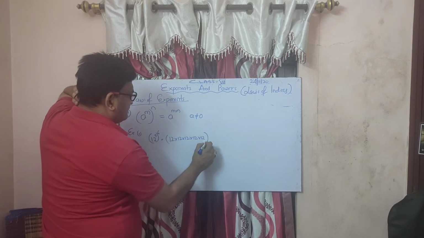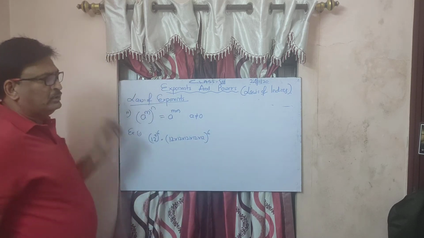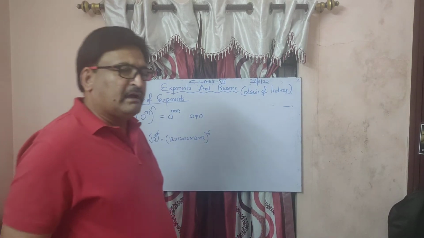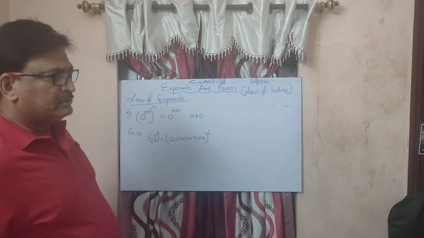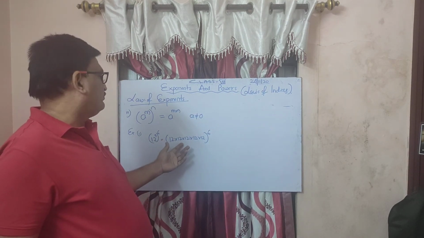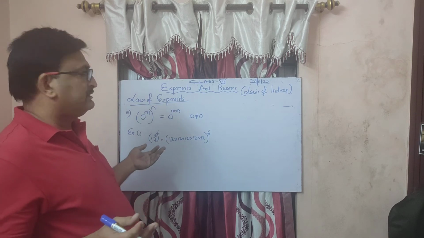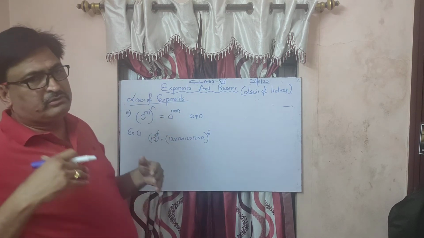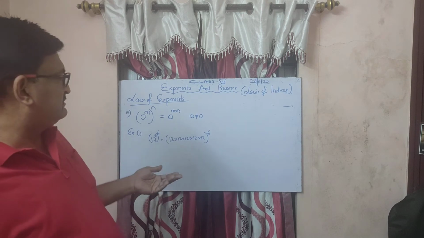Many of us don't know the table of 12, so it is very difficult. And how would you write all those things?